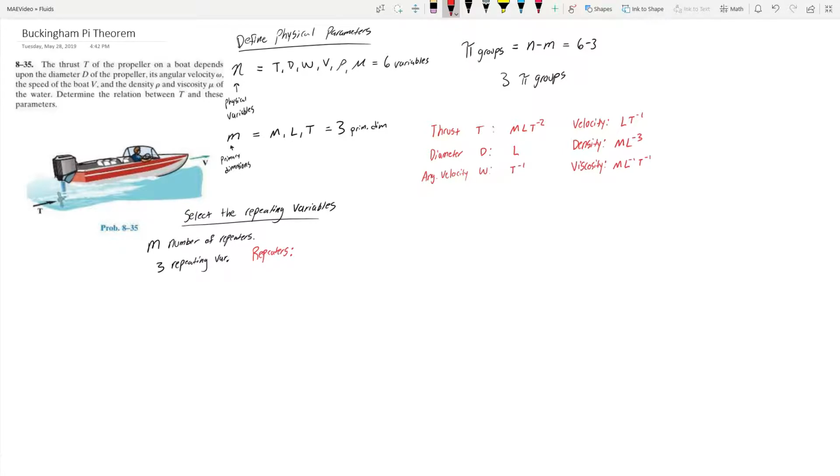So let's go with diameter as 1, and we can also say angular velocity is another. That's pretty simple. Right now we have length and time, but we're missing a mass, so let's go ahead and put density as our last one, since that gives us our mass term.